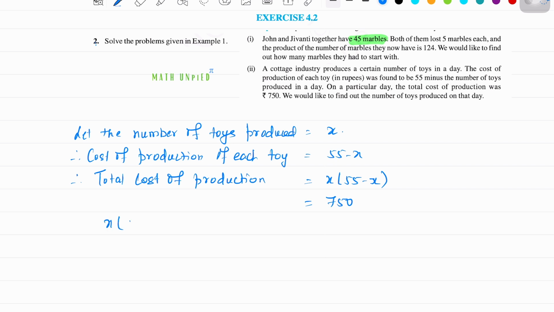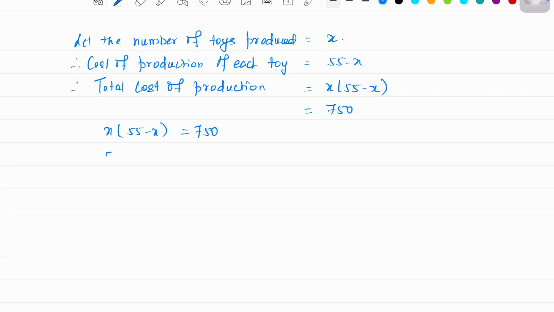x times 55 minus x equals 750. 55x minus x squared equals 750. We'll take everything to one side and rearrange them. So this will be x squared minus 55x plus 750 equals 0. So we need to split this 55 in such a way that if you add, we should get negative 55, and if you multiply, you should get 750. So how can we split this?